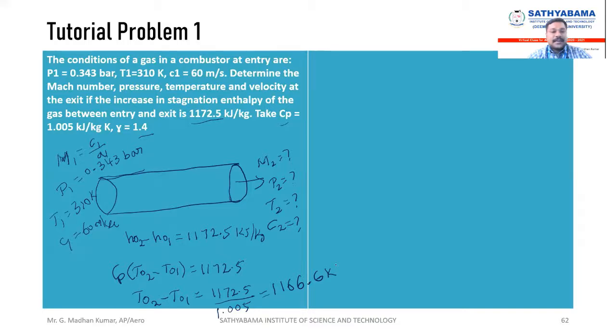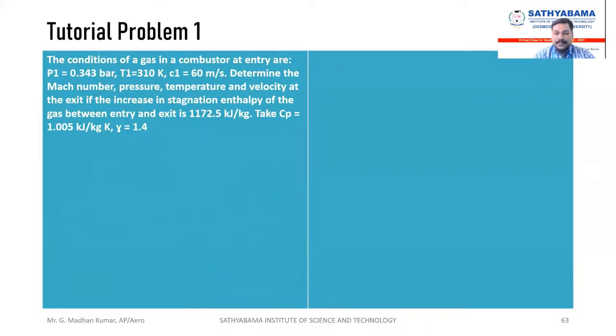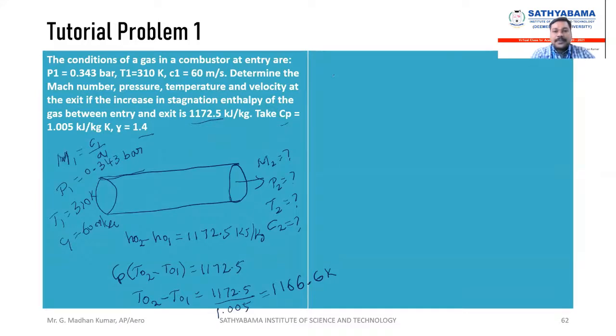So we have to find T01. In order to find T01, we need M1. Correct. So what happens? We are following the M1 relation. We have to find the M1. So M1 is equal to C1 divided by A1. C1 is already given, right? Then what is your A1?